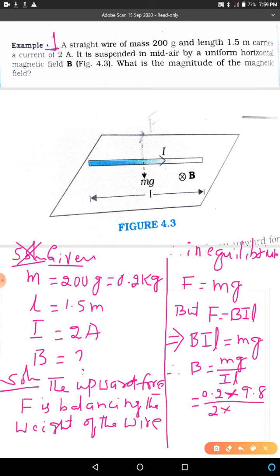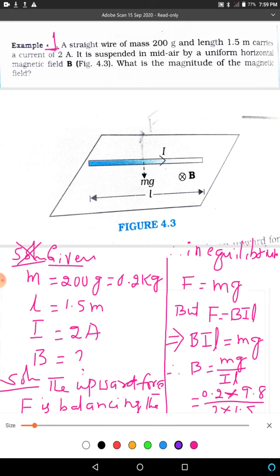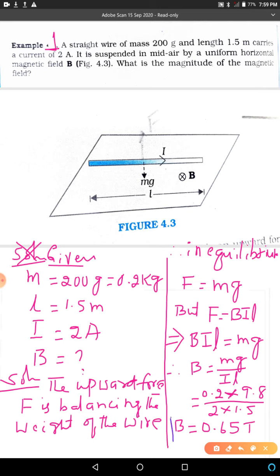The length of the wire is 1.5 meter. If you substitute, B will be 0.65. What is the SI unit of magnetic field? It is Tesla. So the magnetic field which is balancing the wire is B, that is 0.65 Tesla.